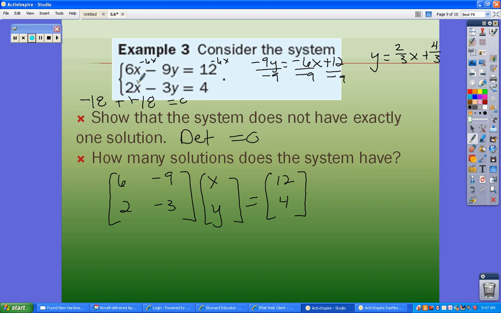Okay, let's try this guy. Subtract 2x, subtract 2x. Negative 3y is negative 2x plus 4. Divide each and every piece by negative 3. I have y equals 2/3 x minus 4/3. I'm going to make sure that I did that properly.